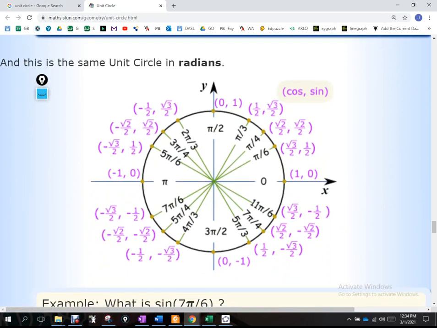But these ordered pairs here, and that number right there, so pi over 6 is equivalent to 30 degrees. Okay, and then these distances right here for this ordered pair are created off of 30, 60, 90 triangles.